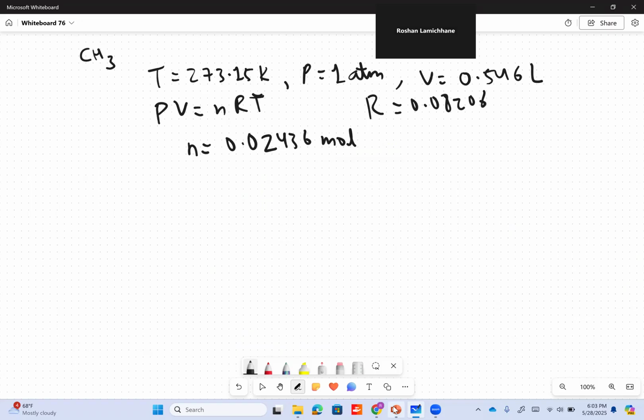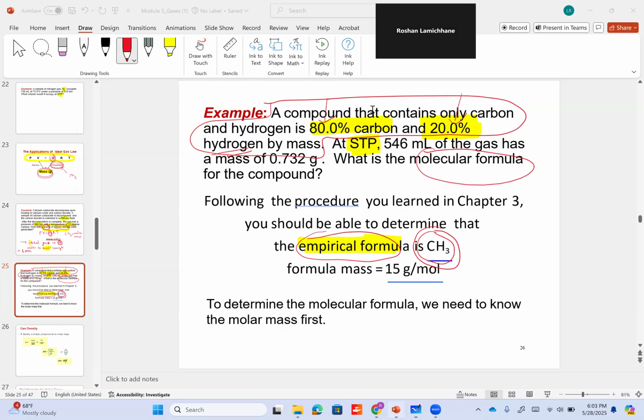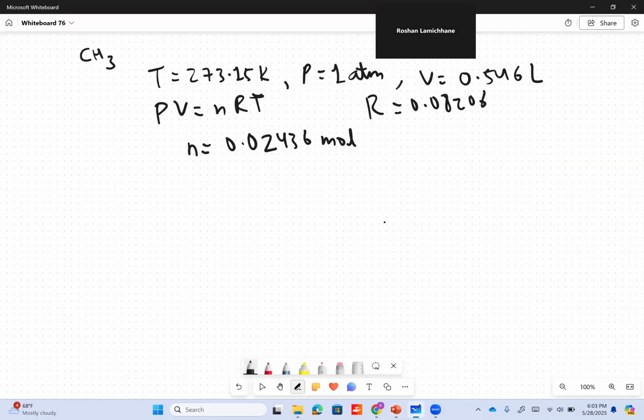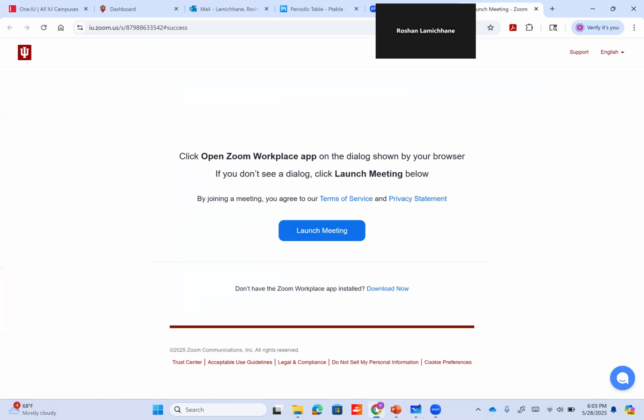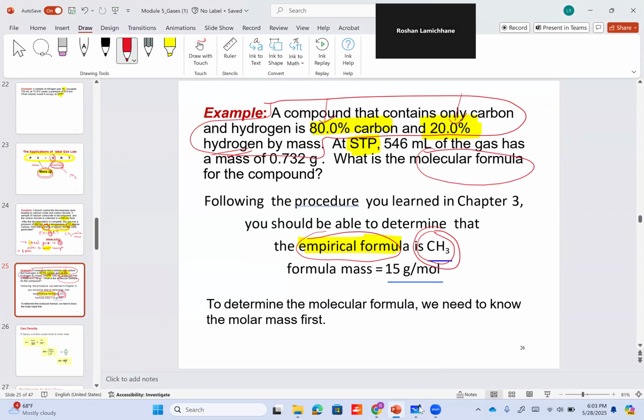So what this is telling me is that this compound, which is a gas itself, has this many moles at STP. All right. So that's what I figured out.